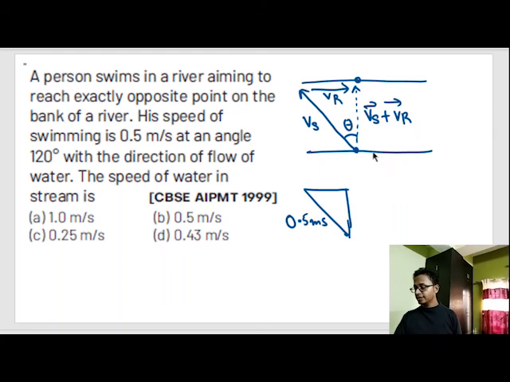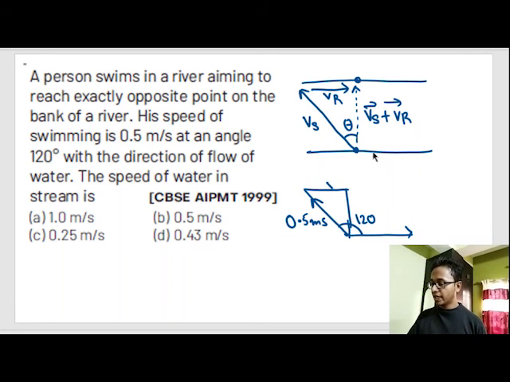That means this swimmer is making an angle of 120 degrees with the direction of flow of water. This was the direction of flow of water and the swimmer is making 120 degrees. So if this is 120 degrees, and this is a perpendicular bisector, that means this is 90 degrees, so the angle inside the triangle would be 120 minus 90, which is equal to 30 degrees.